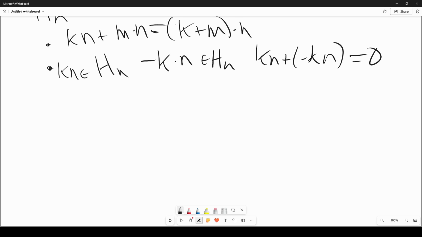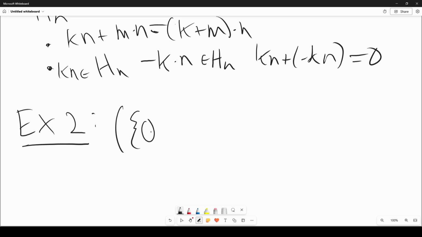Okay, let's look at something that's a little more interesting. In this case, every element basically had infinite order. So let's look at something where no element has infinite order and they all have finite order. So take the set 0, 1, all the way to n minus 1 for some positive integer n, and then this special addition, which I will define in a second.